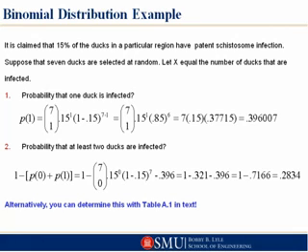So what we're going to do is look at the probability that 1 duck is infected out of the 7. Well, that is equal to, with 7 ducks picked, the probability that any one of them is infected, 0.15 to the first power. What's the probability that 6 of them are not infected?